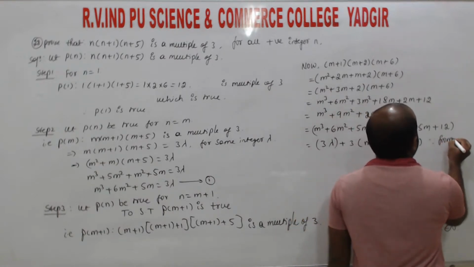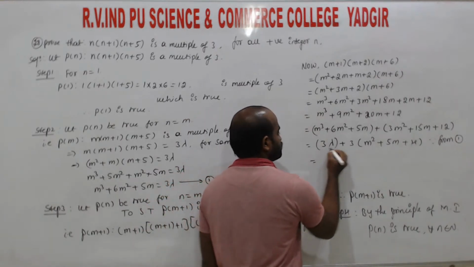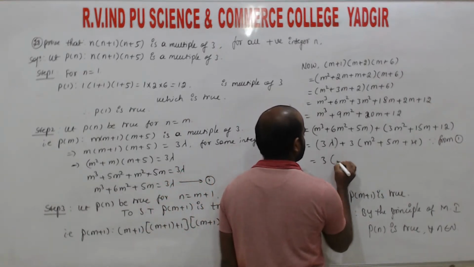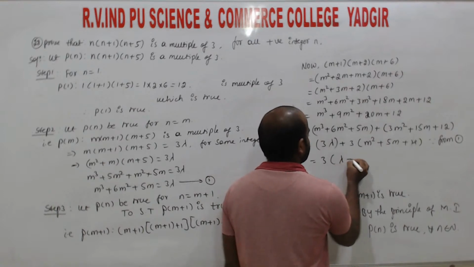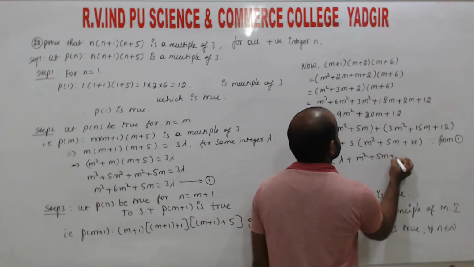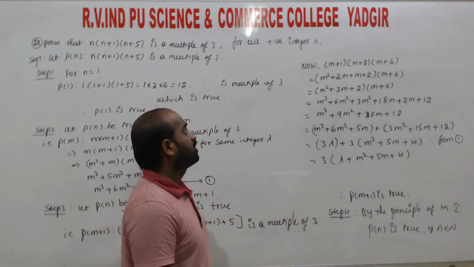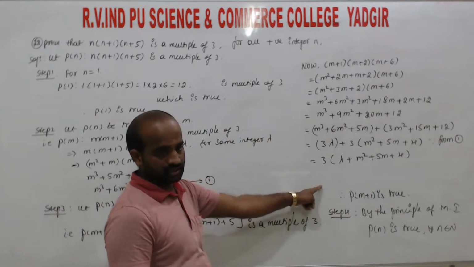From equation 1, using this one, in total 3 is common, then we get lambda plus m square plus 5m plus 4, which is a multiple of 3.